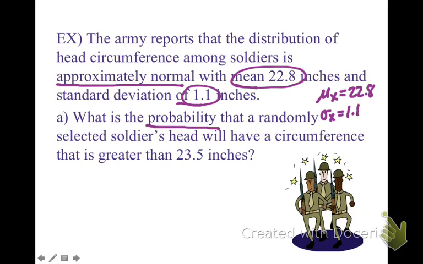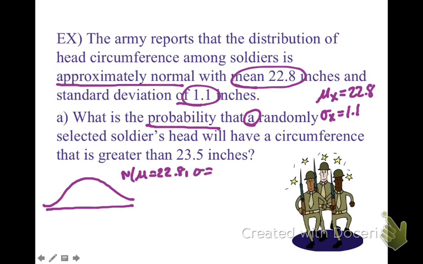We're going to calculate the probability that a single randomly selected soldier's head will have a circumference that's greater than 23.5 inches. Well, we said that this is approximately normal, so we can draw our approximate normal curve here. Remember, our normal curve is based on a mean and a standard deviation, with each normal curve being different. So this normal curve is centered at a mean of 22.8.